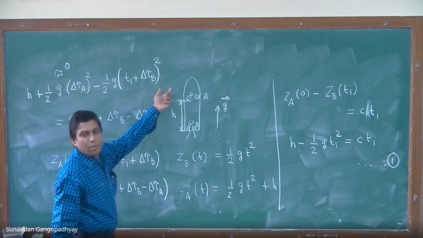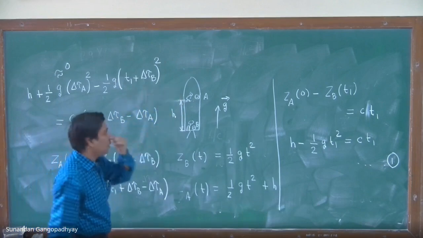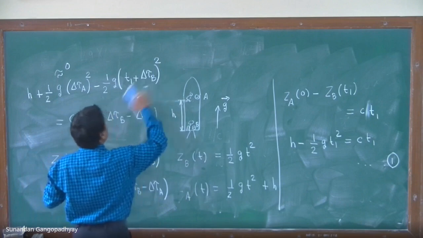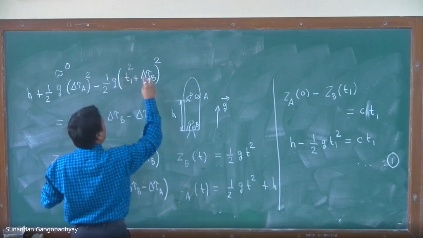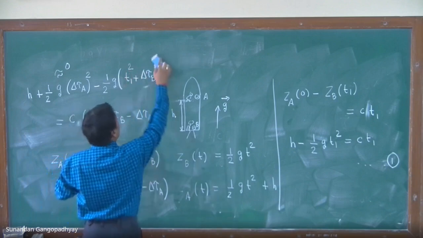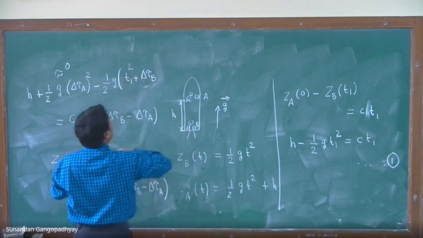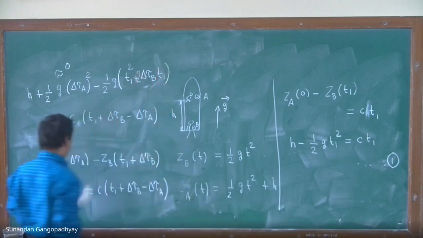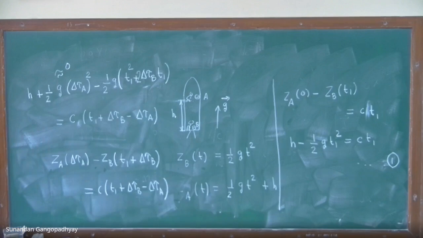Similarly, delta tau B will also be very small, because we shall calculate numbers later. If you assume that this is small, then what you will get is t1 squared plus 2 t1 delta tau B. This is an approximation that we make.